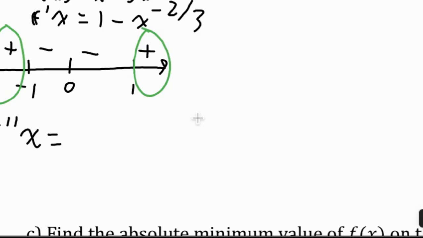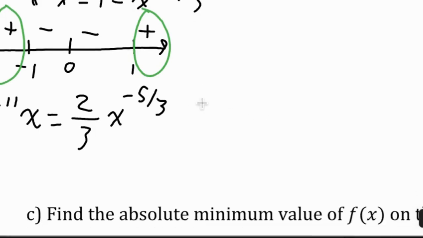1 is 0. The derivative of -2 over 3 times x to the negative 2 over 3 is just power rule, and this will give you 2 over 3 x to the power of negative 5 over 3, because we have to subtract 1.